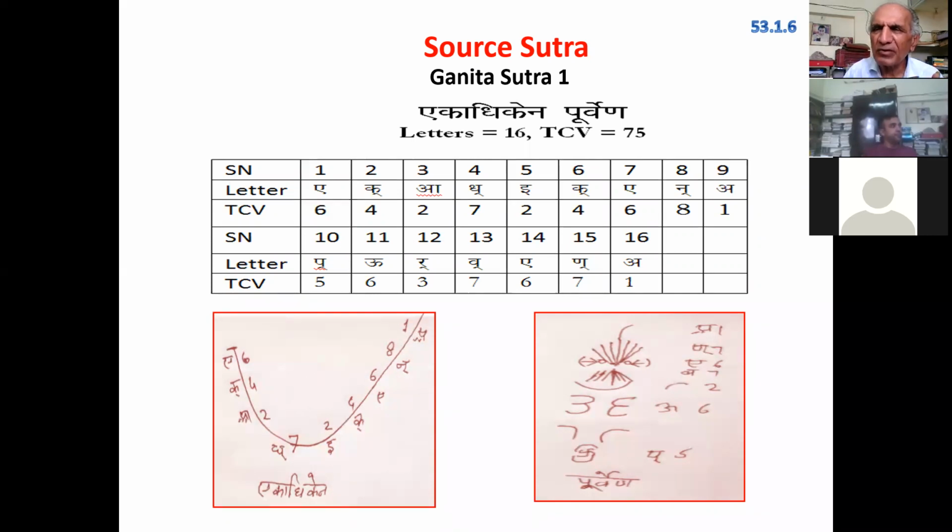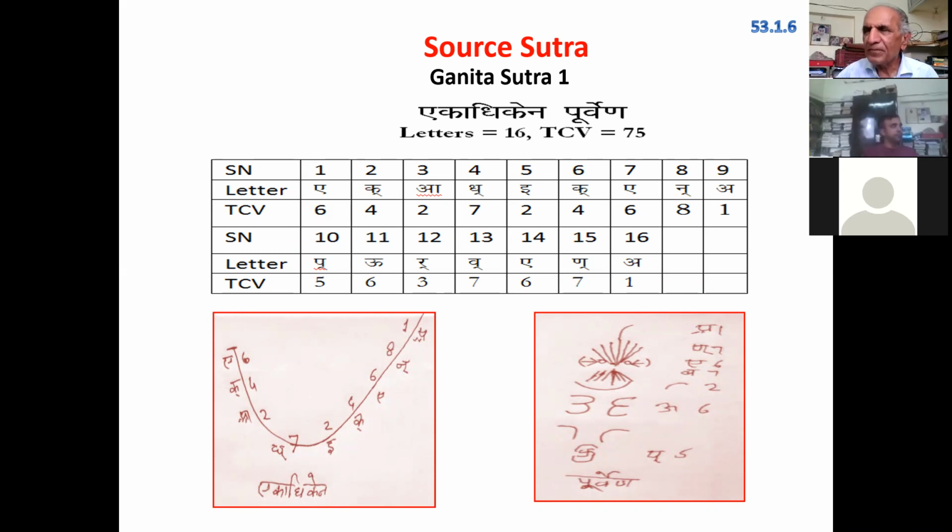Sthapatya Meering rod, transcendental code values of the Devanagari alphabet letters, text of Ganita Sutras and Upsutras, and finally the structural keys lively within the transcendental code values and geometric formats of the text of 16 letters of Ganita Sutra 1.